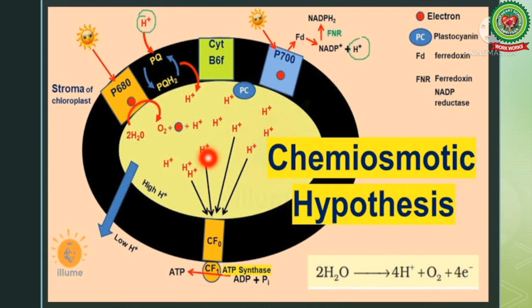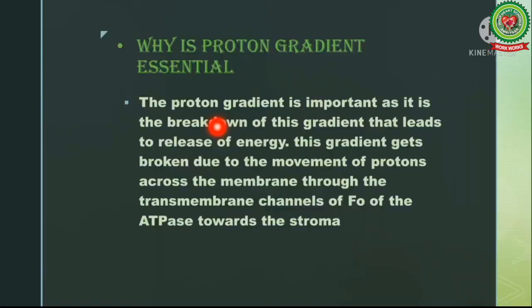Some protons are used by photosystem 1 for reduction to NADPH. When the proton gradient collapses, it releases energy and protons are carried back to the stroma via F0, the transmembrane channel of ATP synthetase. This released energy causes changes in F1 configuration and triggers the ATP synthetase to convert ADP to ATP.